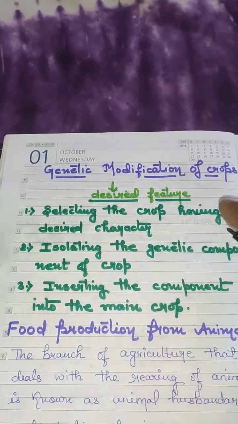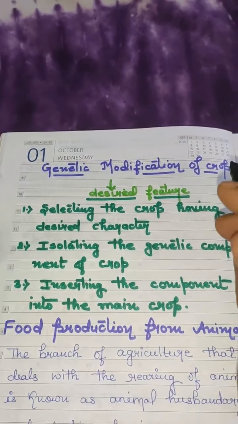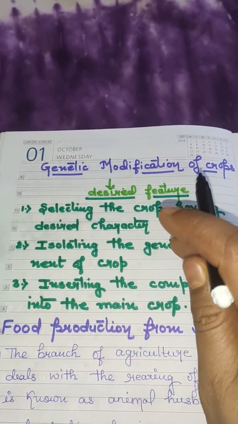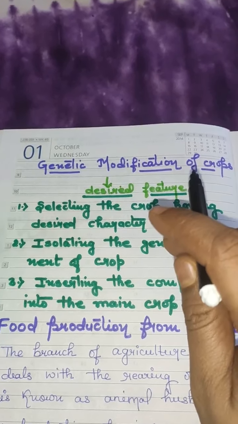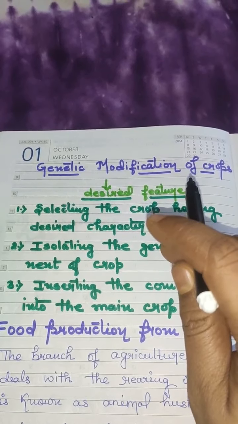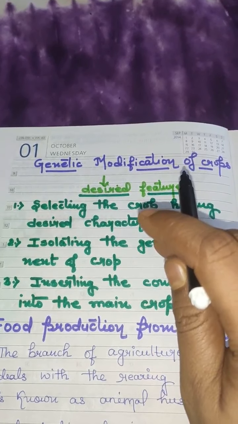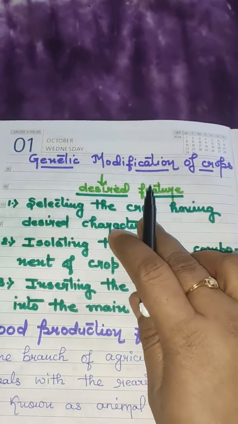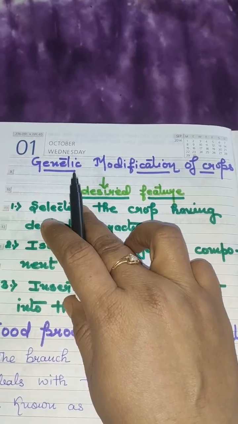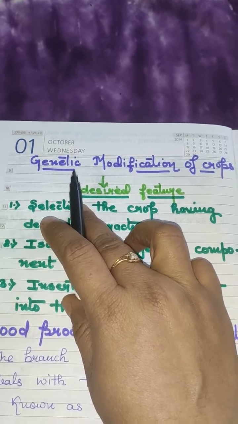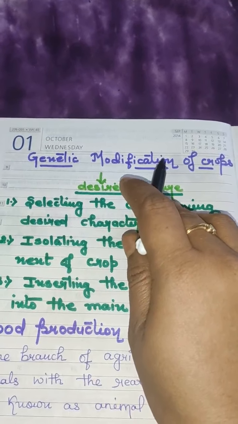Very good morning, class. In the previous class, almost all the topics under the chapter crop production and its management had been discussed. The last topic that we were discussing was genetic modification of crops.